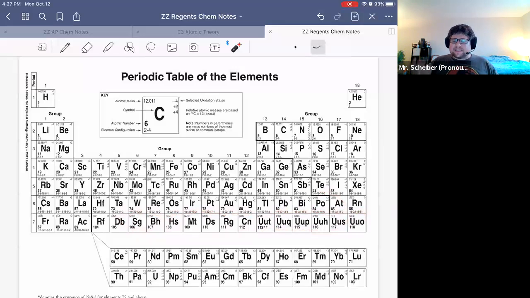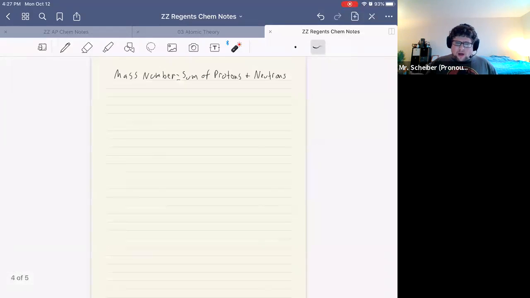They all have decimal atomic masses, even though the mass number is the number of protons and neutrons. Absolutely correct. You can't have half a proton, can't have half a neutron. So let's talk about why, and we're even going to have an aim today.